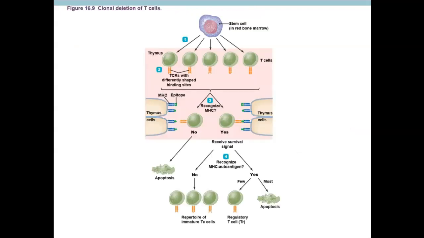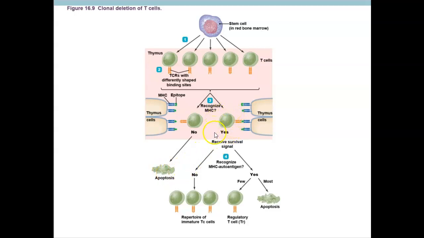Okay, so here's what happens as the T cells become T cells. We have a stem cell and it produces T cells. Each of these T cells, again, is going to have a T cell receptor with a different binding site. And first they're challenged: do they recognize MHC? If they do not recognize the MHC, then there's no reason for them to continue, and they are caused to go into apoptosis.